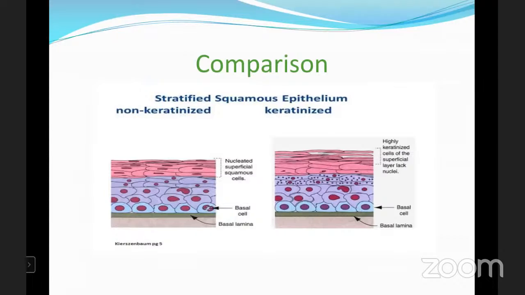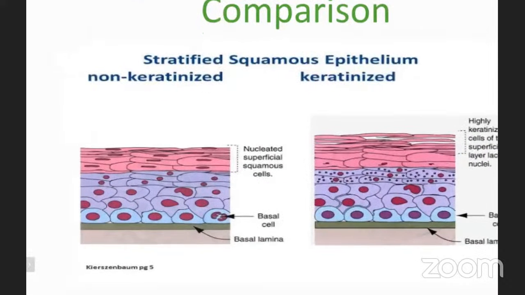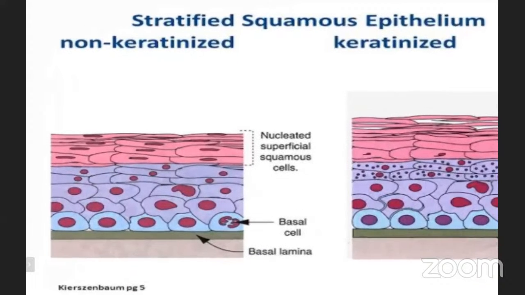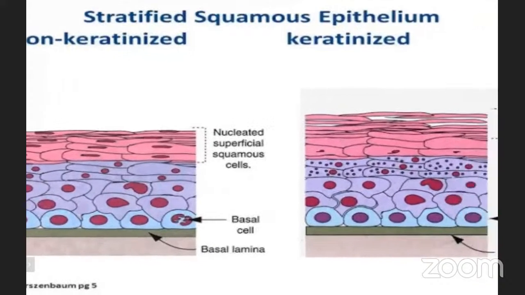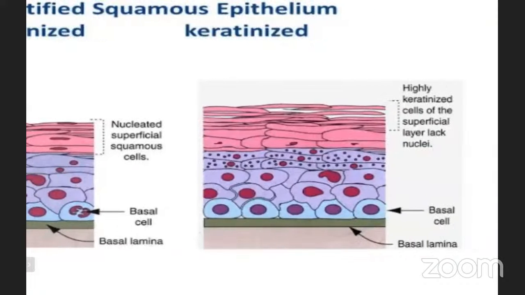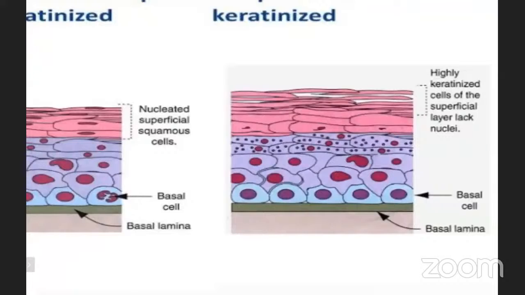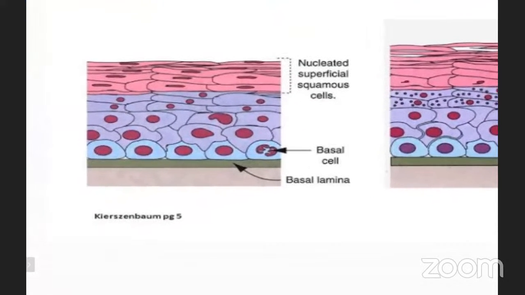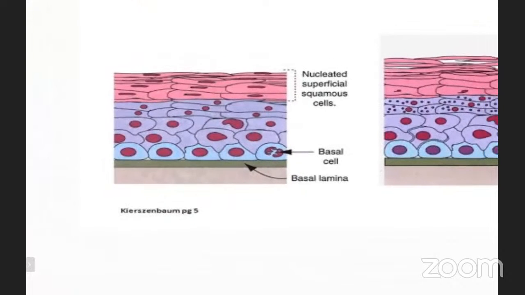This is the comparison picture of a stratified squamous epithelium, non-keratinized and keratinized. Here you are able to see the highly keratinized layer. Here you are not able to see the keratin layer. So this is the difference between the two types of squamous epithelium.